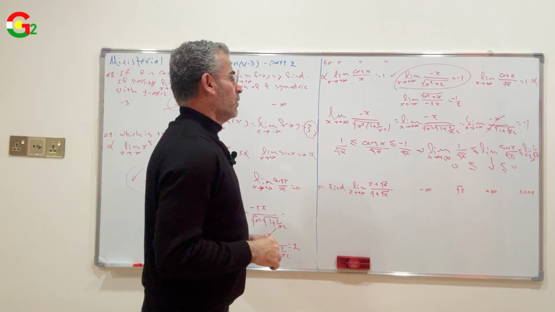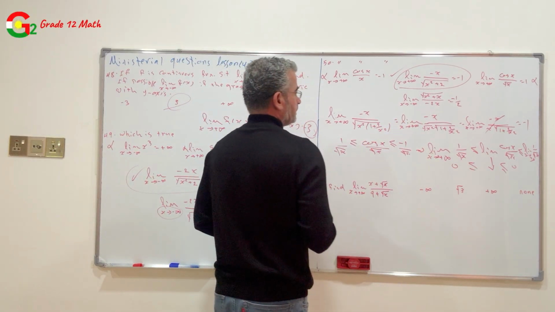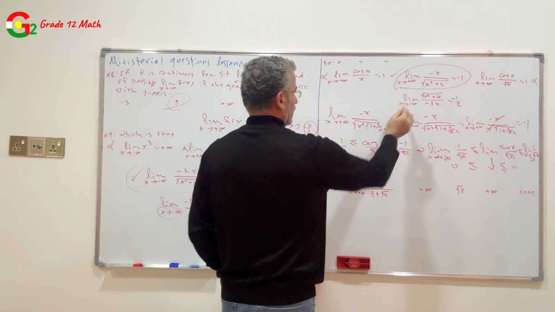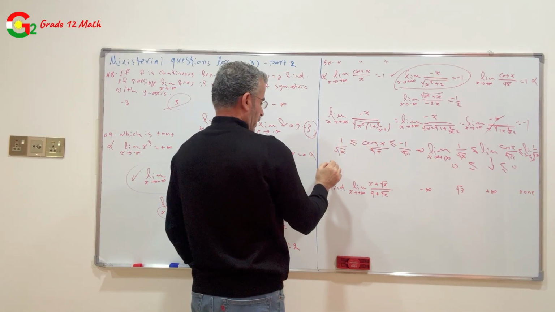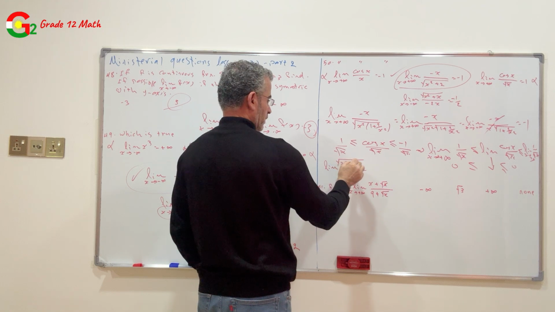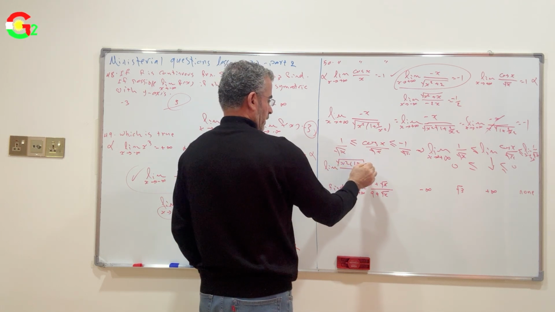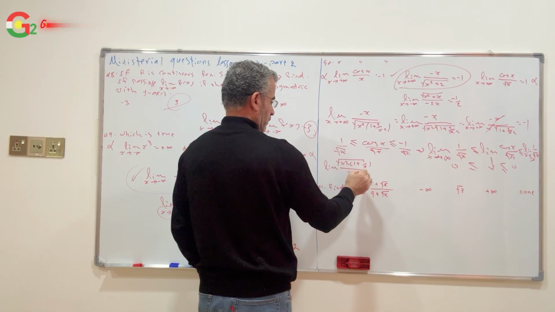It is the wrong choice. For the last function, if we find the limit of this function, we factorize x power 2 for the numerator, 1 plus 1 over x, over negative 2x.